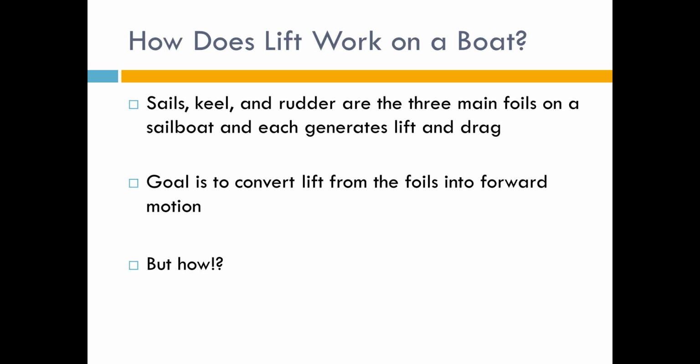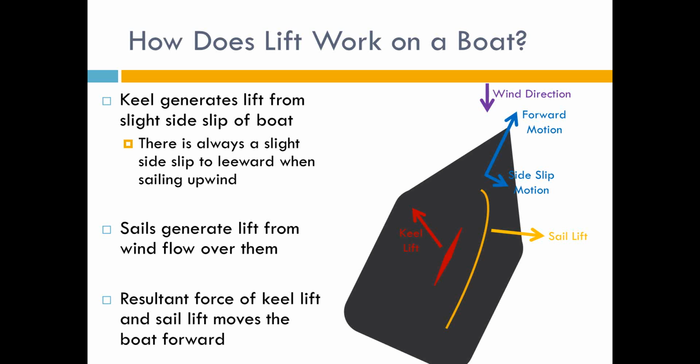But how does that work? So we're mainly going to look at the sails and the keel, or your centerboard or daggerboard. The rudder, I'm going to treat more as a trim tab, so direction adjustment and not necessarily generating lift to move the boat forward. But it does provide some of that, but not as significant.